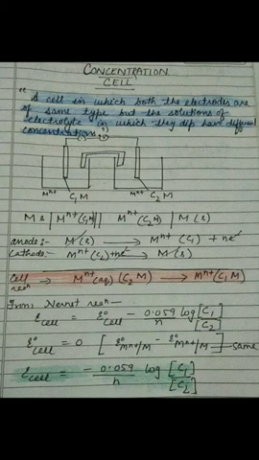M solid gives Mn+ with concentration C1. Since both the electrodes are the same and the metal ions in the solution are also the same, the only way to differentiate between these two ions is through their concentration. That's why we write Mn+ along with C1 and C2.